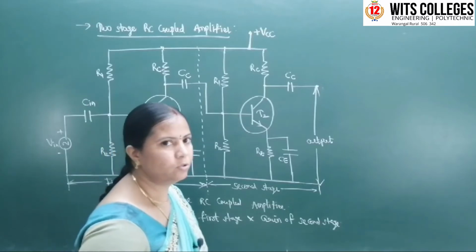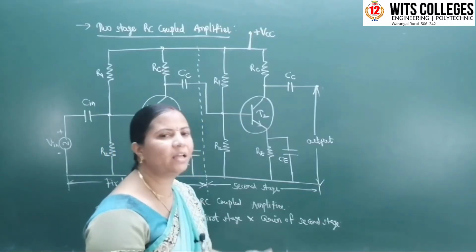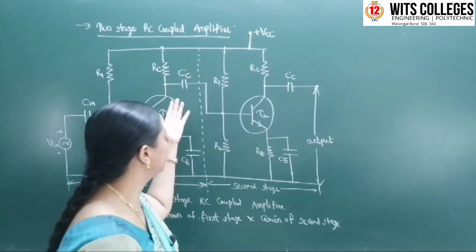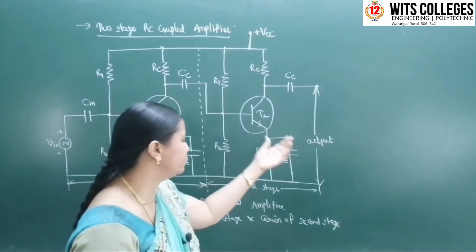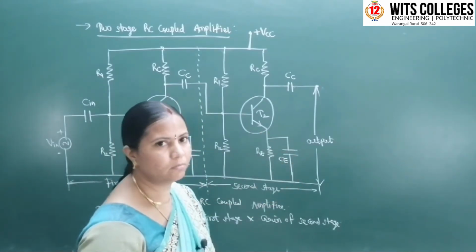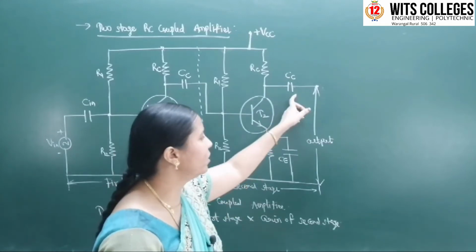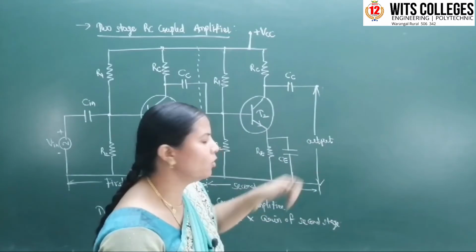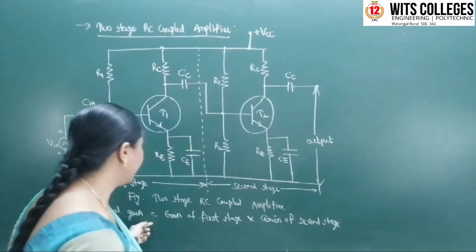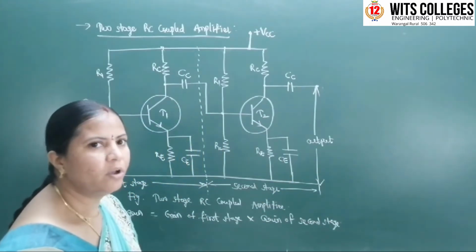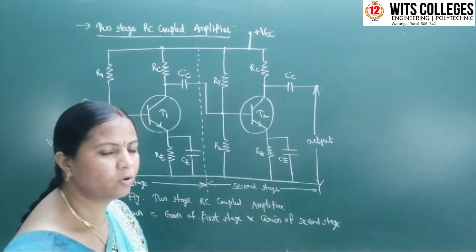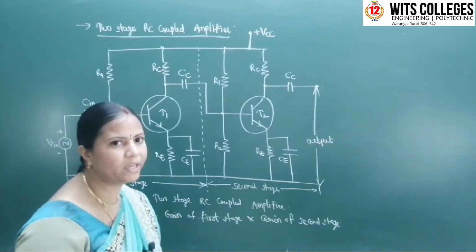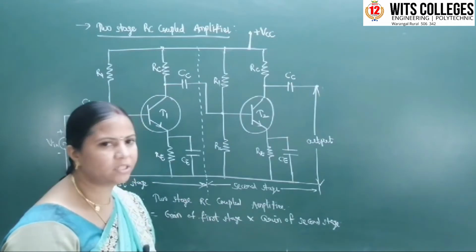The signal amplified at the first stage is again amplified by the second stage. The output signal you get at the second stage amplifier coupling capacitor. So the total gain is equal to the gain of the first stage times the gain of the second stage. The overall gain is increased by using the two-stage RC coupled amplifier.